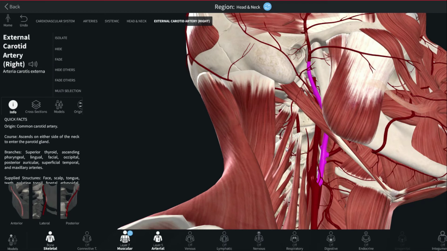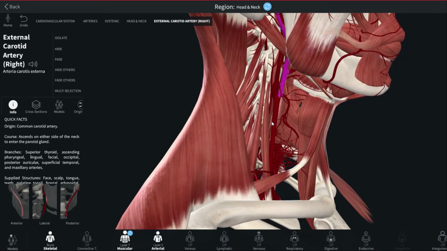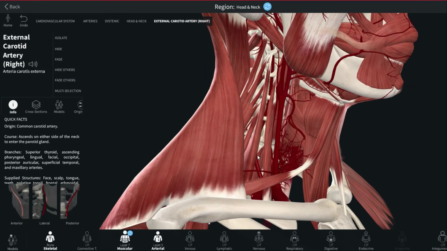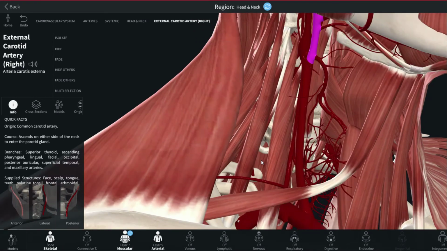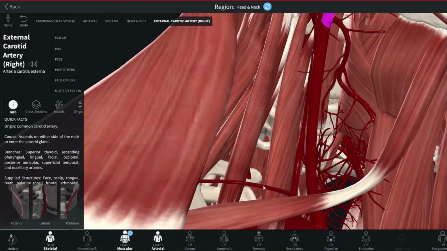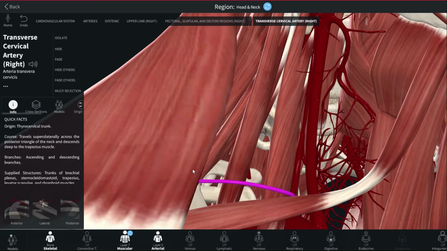And another constituent is thought to be the superficial transverse cervical artery. Let's find that out now. So this over here is the transverse cervical artery. Very easy to find out. It's going transversely and it is in the cervical region, so obviously it's the transverse cervical artery.